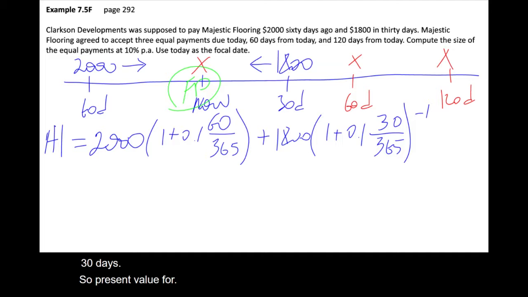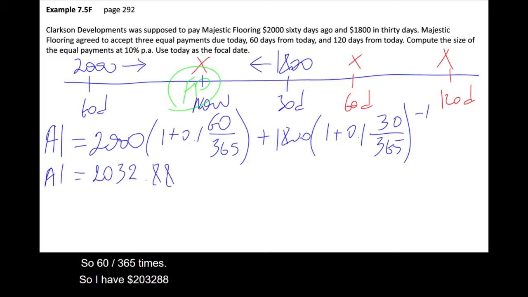Any questions, guys? Okay, let's calculate. Give me 1 second. Okay, so 60 over 365 times. So I have $2,032.88.